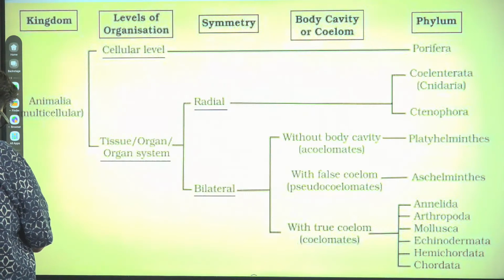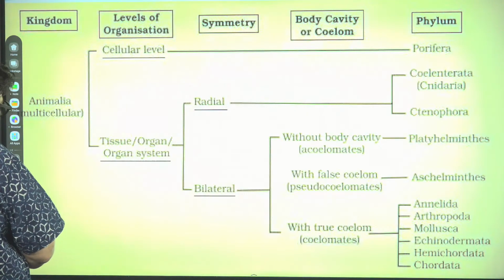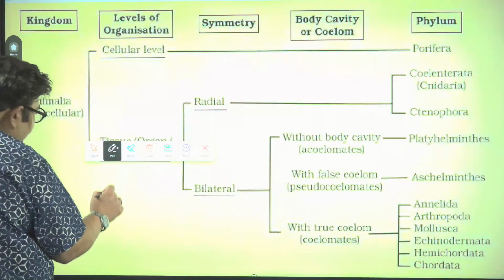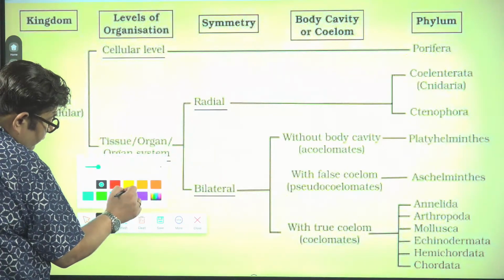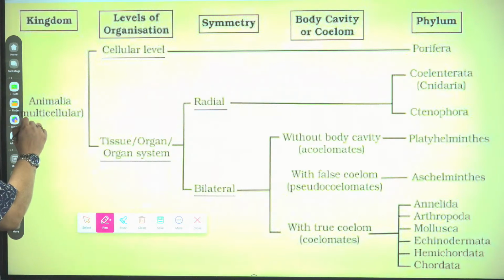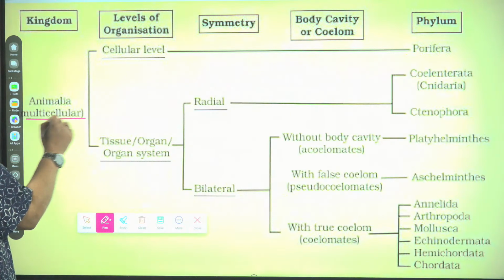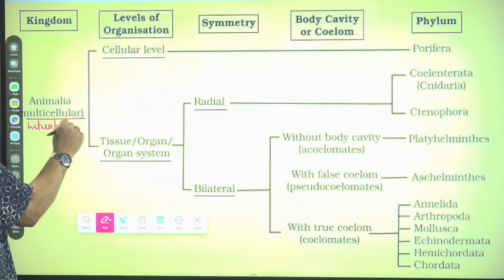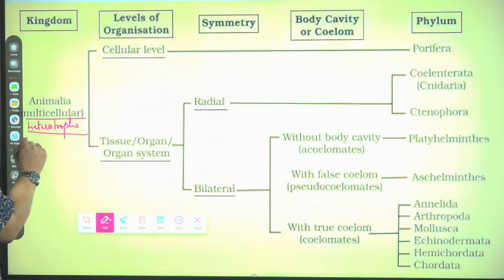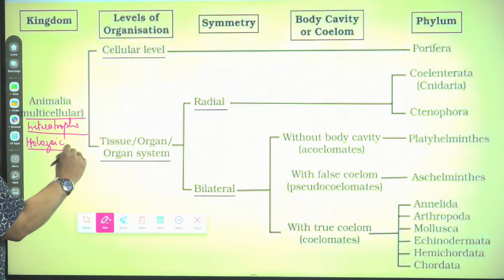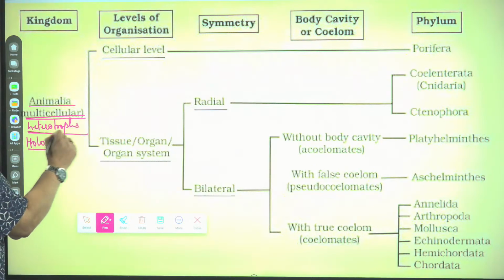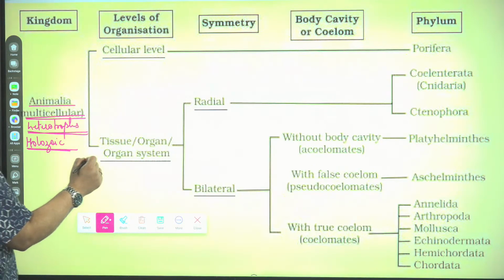Animals are metazoans. Metazoans means they are multicellular heterotrophic forms. Once again, animals are multicellular heterotrophs, which have holozoic mode of nutrition.